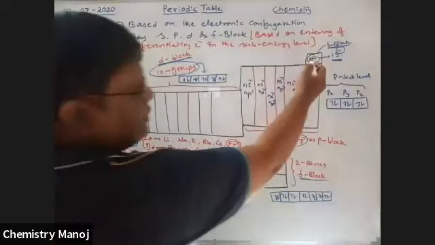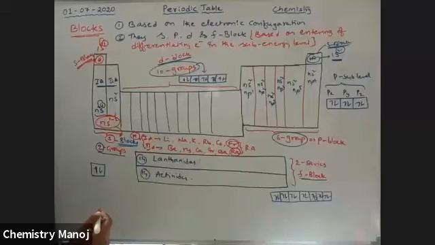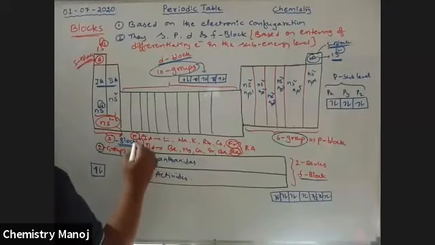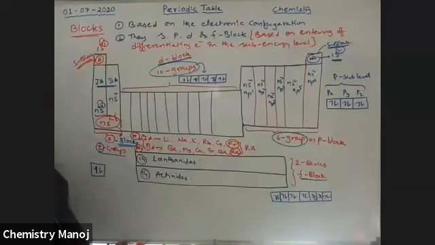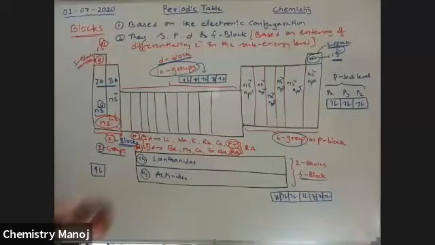Helium is also in the S block, so please include helium too. That means a total of 7 plus 7, 14 elements are available in the S block. In the S block, the one and only noble gas element is helium.